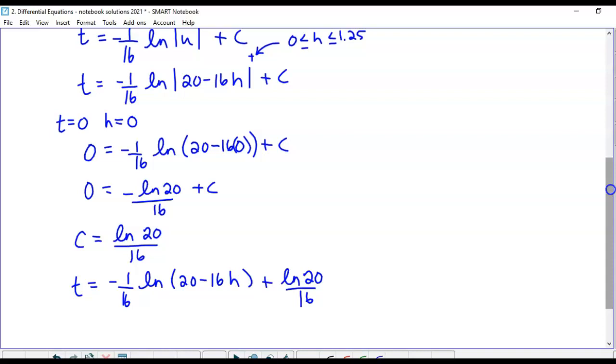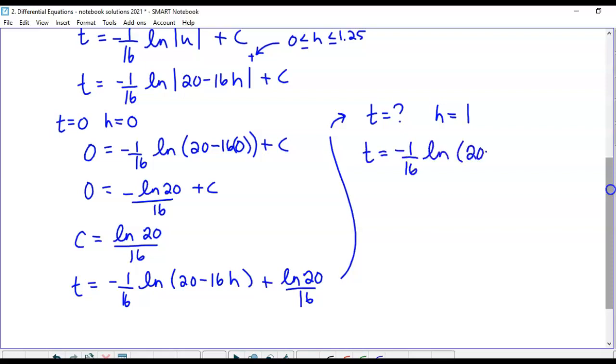Really, we're just asked to find out how long the balloon will take to reach a height of 1 kilometer. So it doesn't matter if you don't simplify that further. So we want the time it takes to get to a height of 1 kilometer. So t equals negative 1/16 ln of 20 minus 16 times 1 plus ln of 20 over 16.